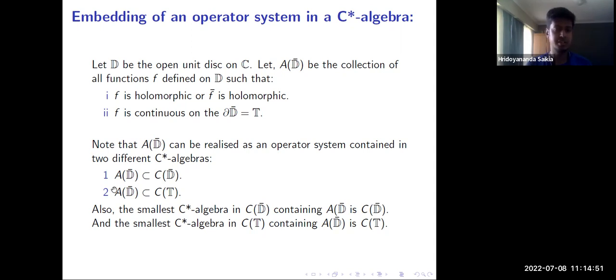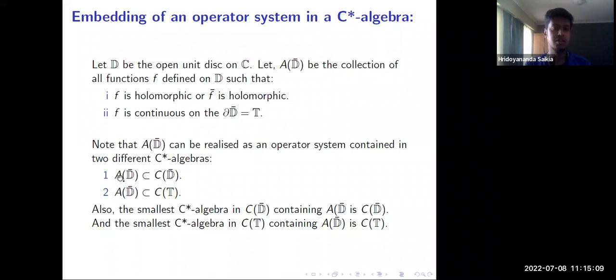Here, for the second inclusion, we can use the maximum modulus principle to give an isometric embedding. But first, let us check the first containment.